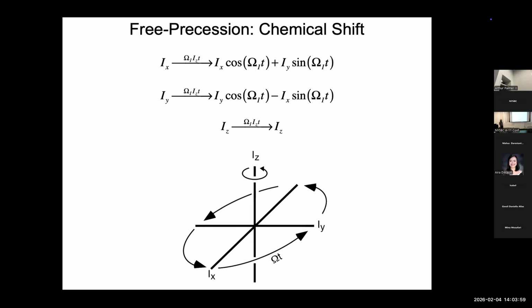So chemical shift, we know that IX evolves towards IY, a right-handed rotation with my thumb along Z. So IX evolves to IX cosine omega t plus IY sine omega t. IY rotates towards minus IX, so I get IY cosine minus IX sine, and IZ doesn't evolve under the chemical shift.